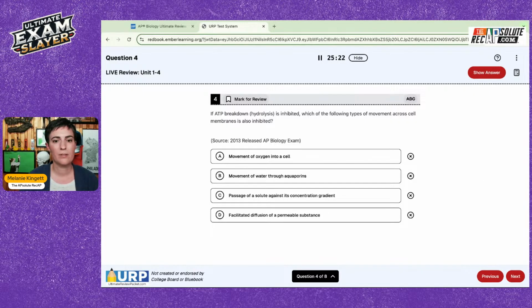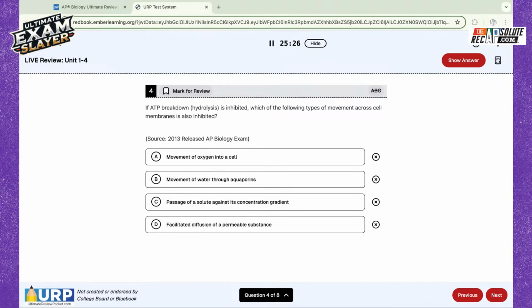If ATP breakdown hydrolysis is inhibited, which of the following types of movement across cell membranes is also inhibited? Okay, if we can't hydrolyze, meaning take off a phosphate group from ATP, what can we also not do?